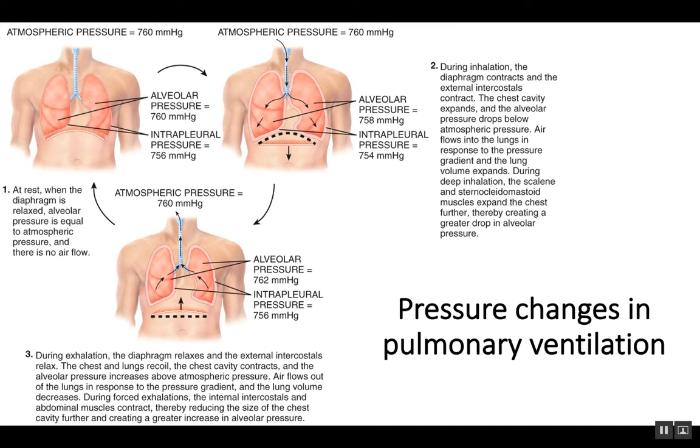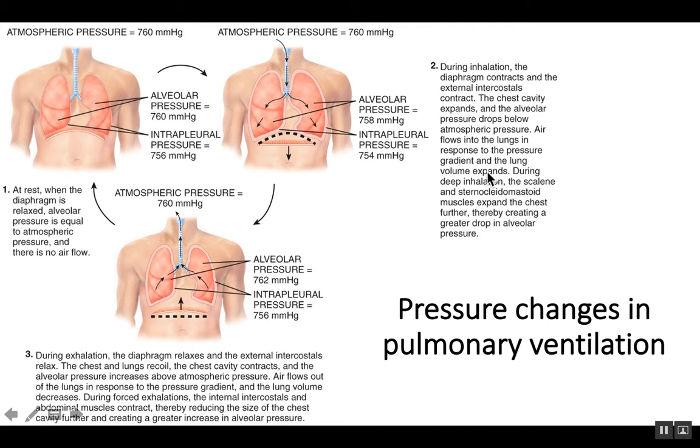As that pressure drops, air now will move from where there's a high pressure atmosphere to where there's a low pressure alveoli. Air goes from high to low. So air flows into the lungs in response to the pressure gradient, and the lung volume expands.